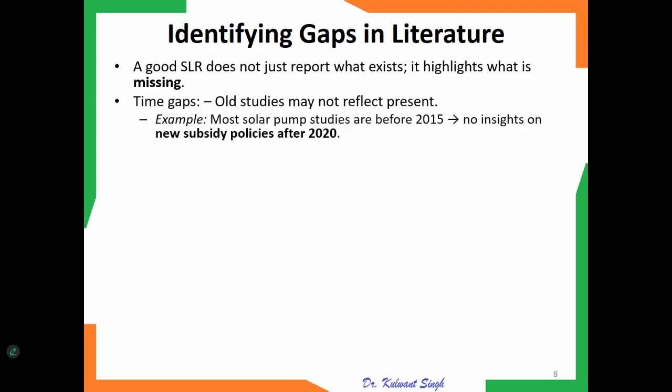So there may be time gaps, meaning older studies may not reflect the present. If I take the example, most solar pump studies are before 2015, with no insights on the new subsidy policies after 2020. This type of gap may be there on a particular implementation, theory, technology, process, or procedure.